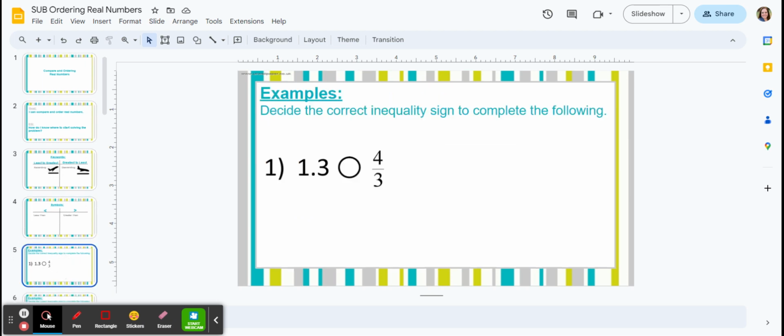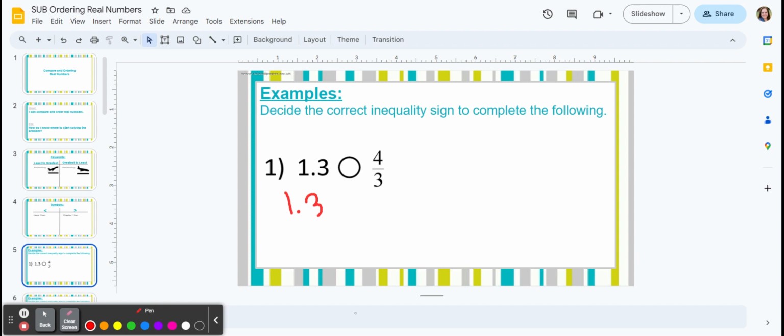Okay, so we have 1.3 repeating and 4/3. We're going to utilize Desmos. We have 1.3, which is already in decimal form, and then we have 4/3. So we type into Desmos 4 divided by 3.